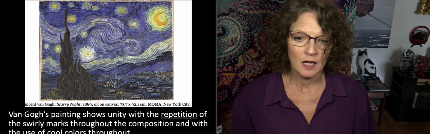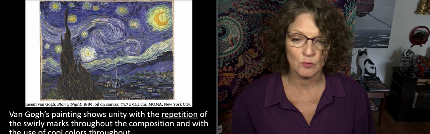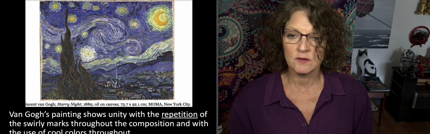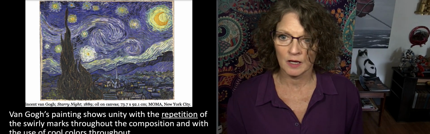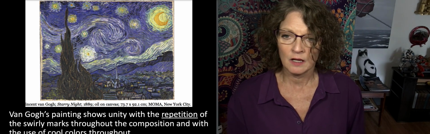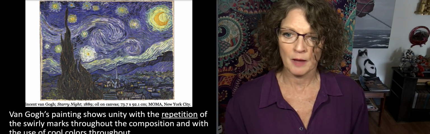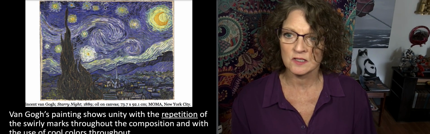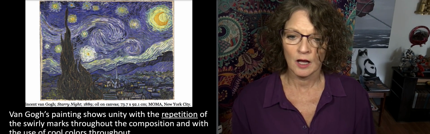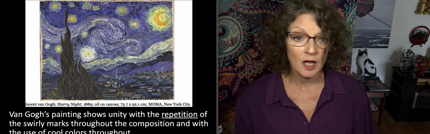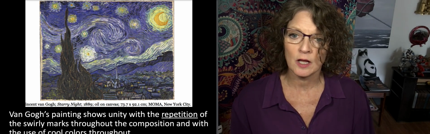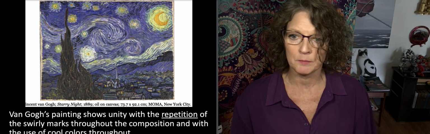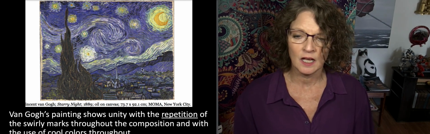So one way to achieve unity is through repetition. There's a lot of things repeated in Van Gogh's Starry Night. Probably the first thing that will pop to your mind is the repetition of the orb shapes, these circular shapes. You also see repetition of color. There's a lot of cool colors in this painting. Blue repeated again and again.